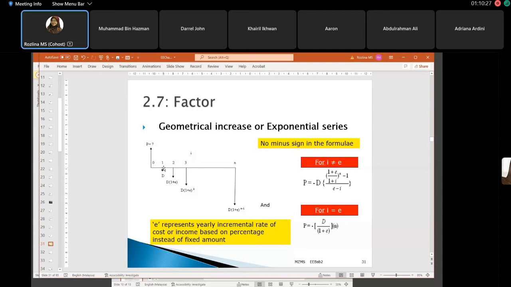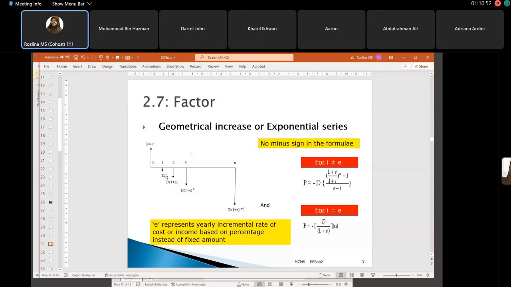If G, you know the increment is fixed, right, fixed RM100 increment from the first year until the end. So increment is 100, 100, 100, 100, 100. That means 100, 200, 300. But in this case, geometrical increase or exponential series, the increment is by using the percentage.